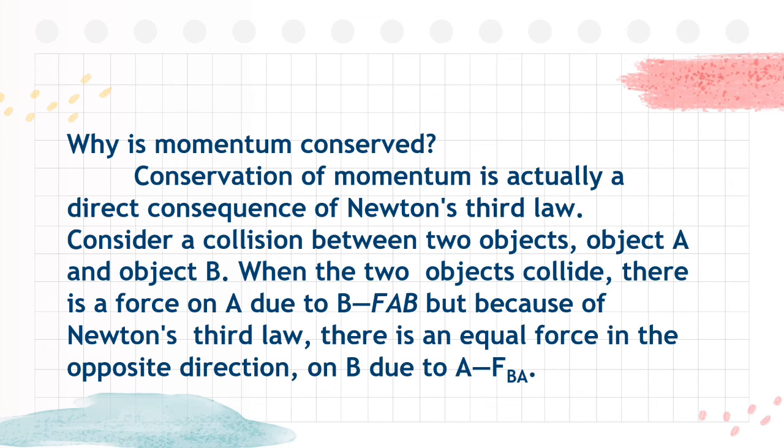Consider a collision between two objects, object A and object B. When the two objects collide, there is a force of A due to B times time of A due to B. But because of Newton's third law, there is an equal force in the opposite direction: force of B due to A times time of B due to A.